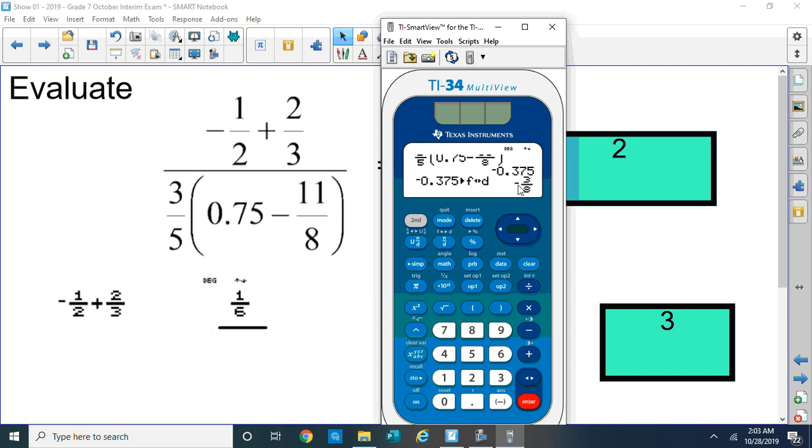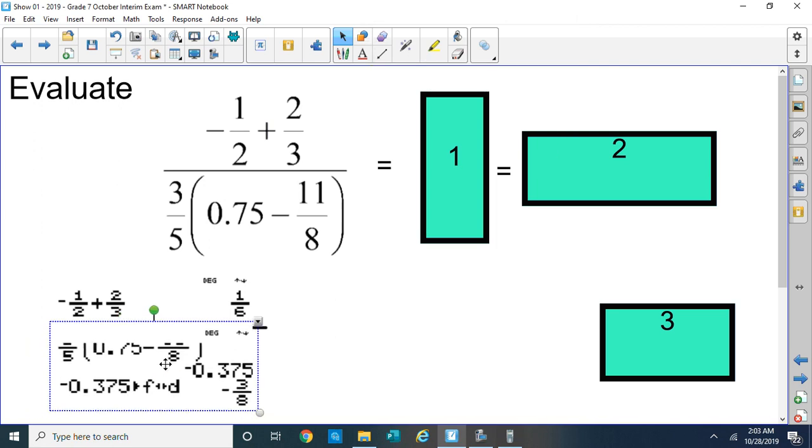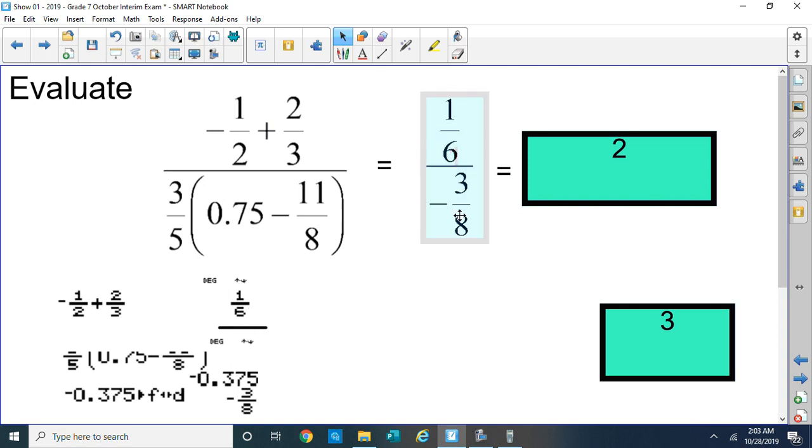That would be negative 3/8. So that would be our denominator. Now, as you are aware on the calculator that we use in school, when you divide by a decimal point, it doesn't do well with the ABC button, but you use the division button, that will work that out. So this is what we would have, 1/6 over negative 3/8.